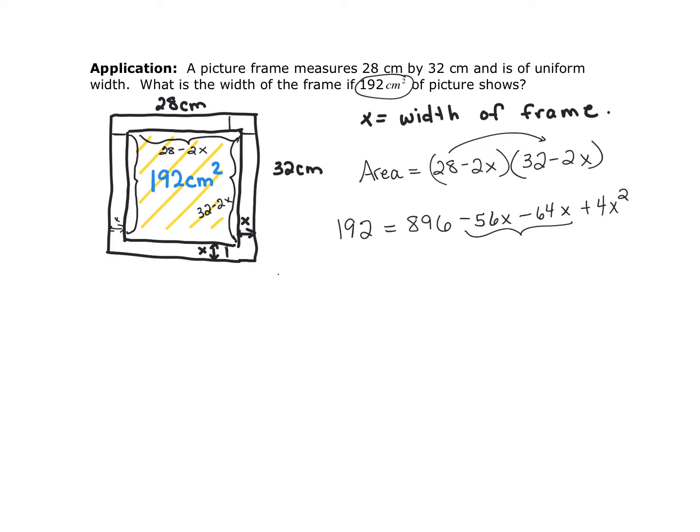So we have 192, and I'm going to go ahead and write this in descending order. So 4x squared minus 120x plus 896. And you can see we have a quadratic, and very often, most often, when we solve a quadratic, we set it equal to 0. So I'm going to subtract 192 from each side.